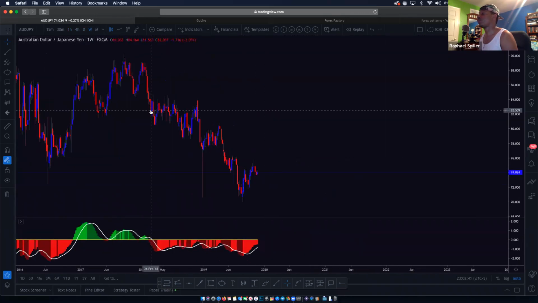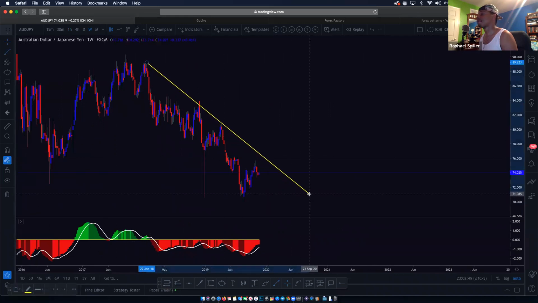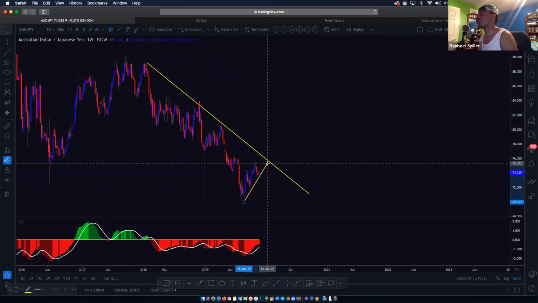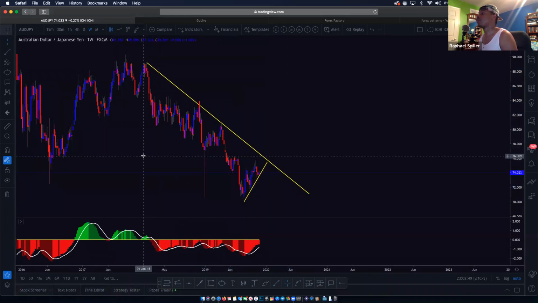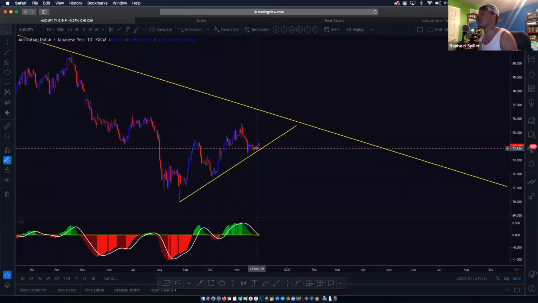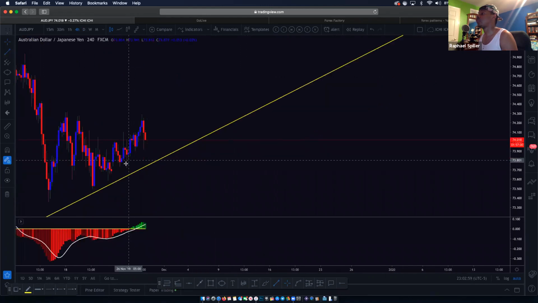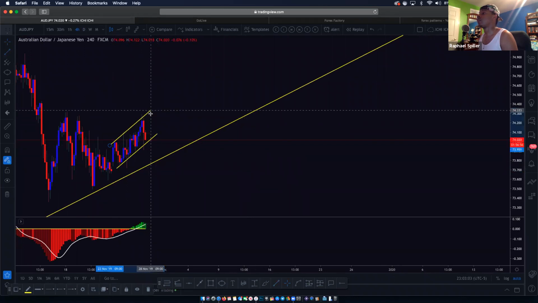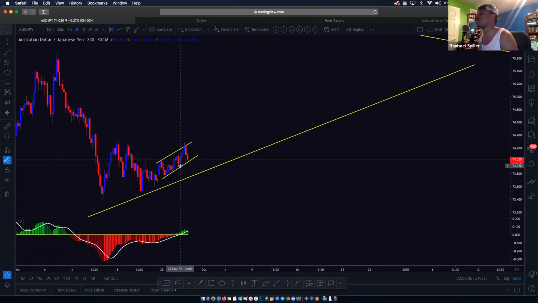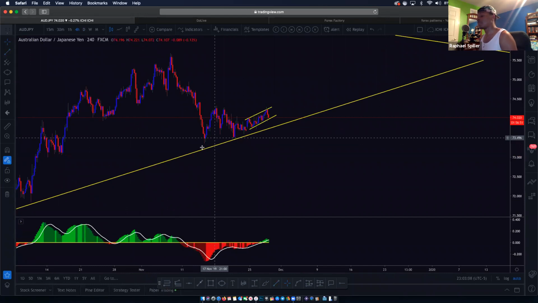Starting with the weekly. All right, so AUD JPY, long-term sell, minor buy. On the full hour, what I actually see, I'm currently in this trade and I'm probably going to get out only because this is not going up aggressively.